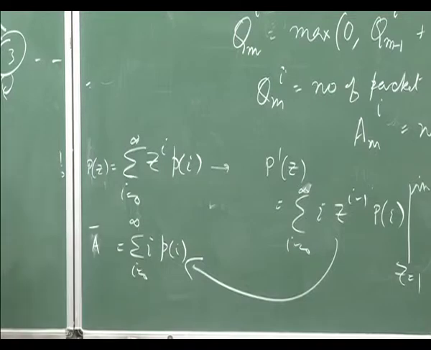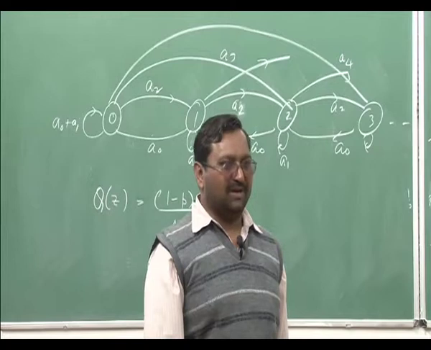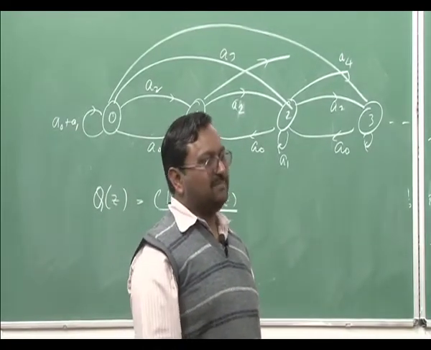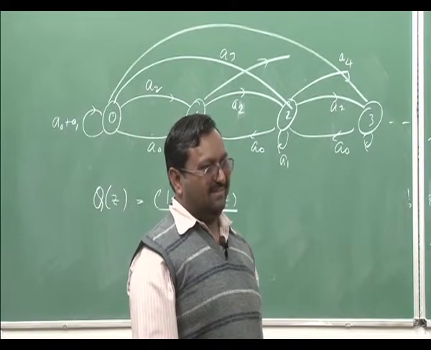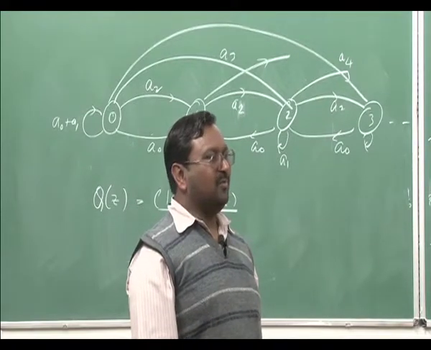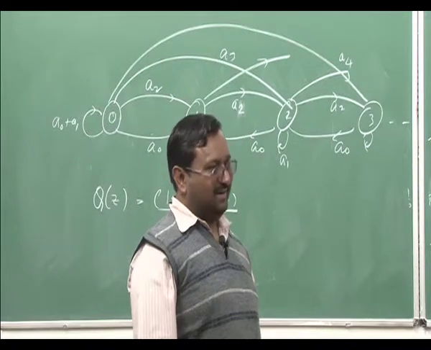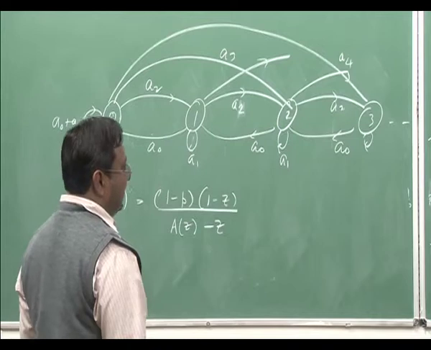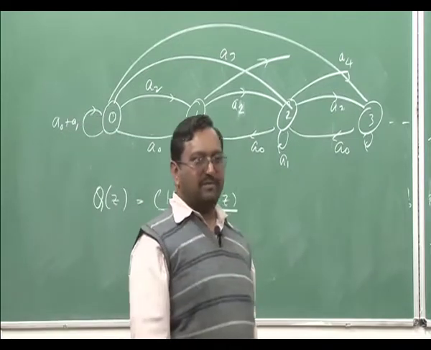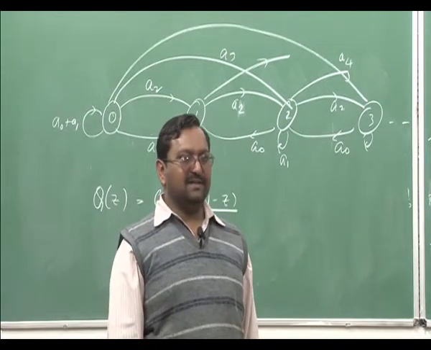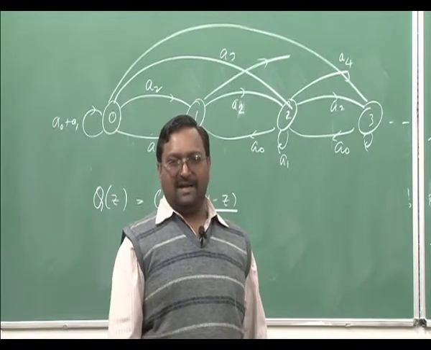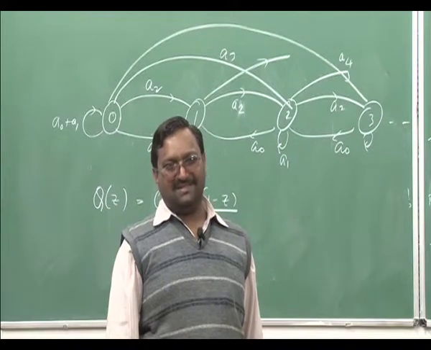This. So for finding the mean, you simply take the derivative of the probability generating function and put Z equal to 1. This is the expectation of I. The summation of all probabilities is always 1, so the probability generating function at Z equal to 1 will always be 1, because that is nothing but the sum of all probabilities.